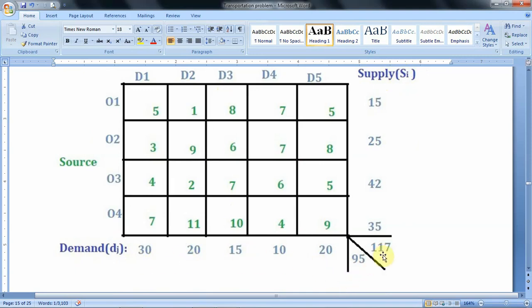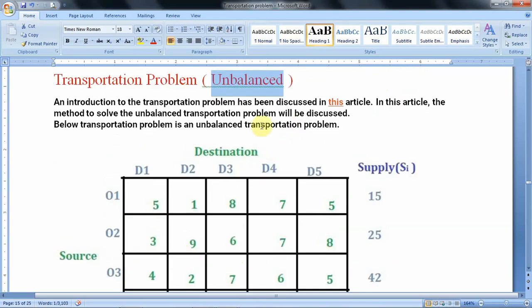The total supply is 117 and the total demand is 95. So both are different, not equal. Here the total supply is more than the total demand.